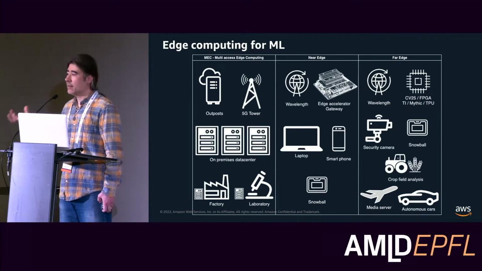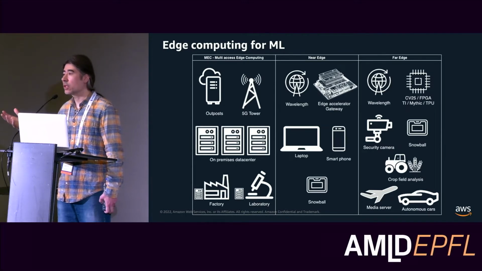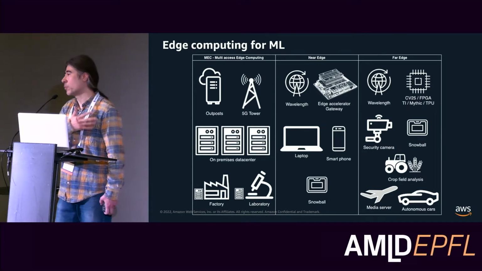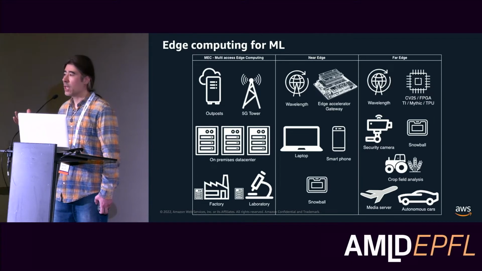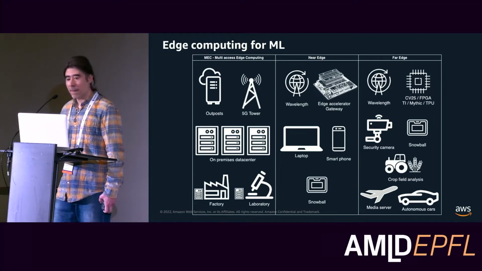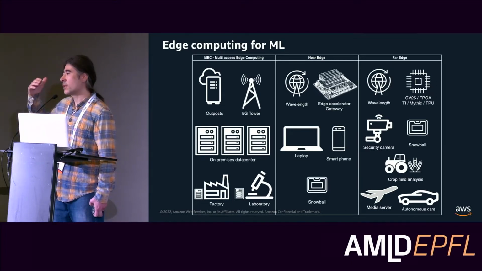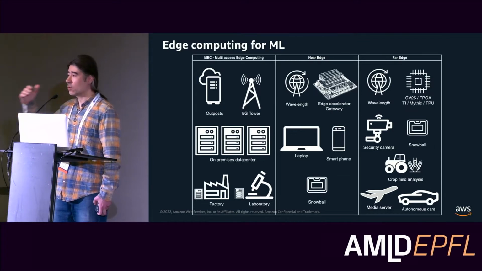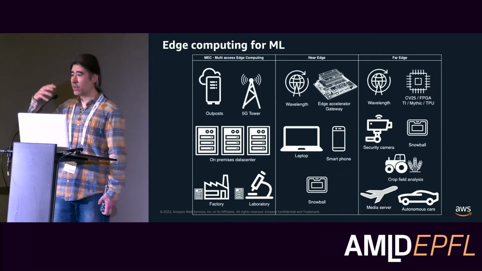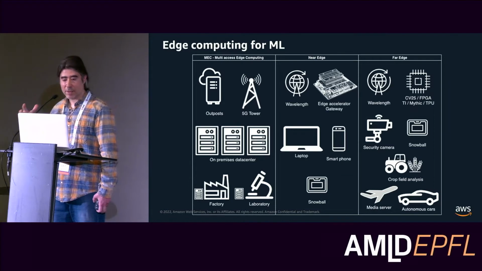Okay. And then what is this edge device that will run and accelerate the machine learning model? This is a proposal of a classification of the edge devices based on the distance from the cloud or from a big data center. So how far the edge device is from these environments.